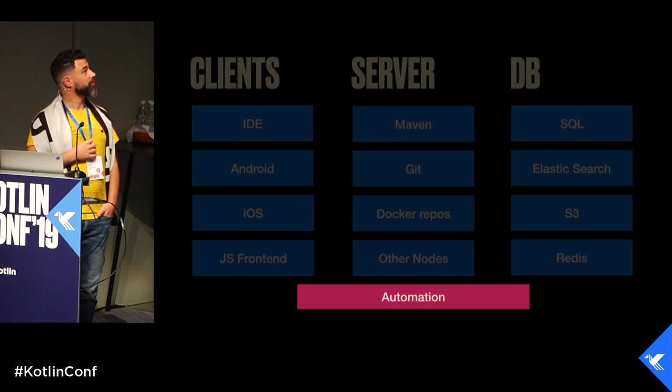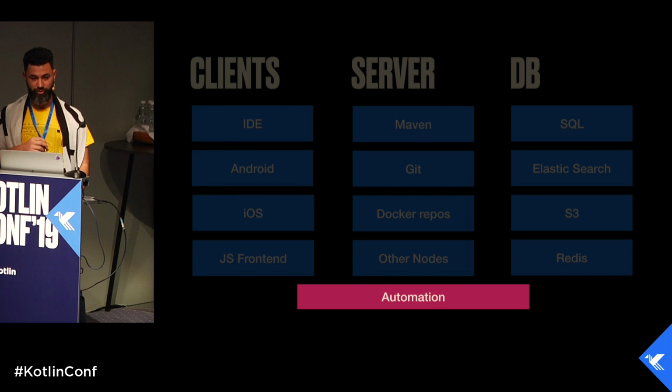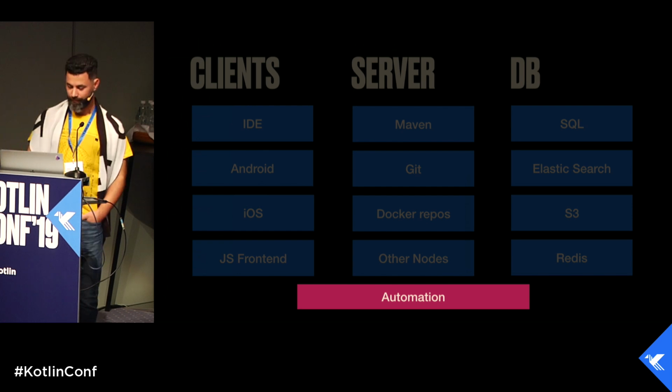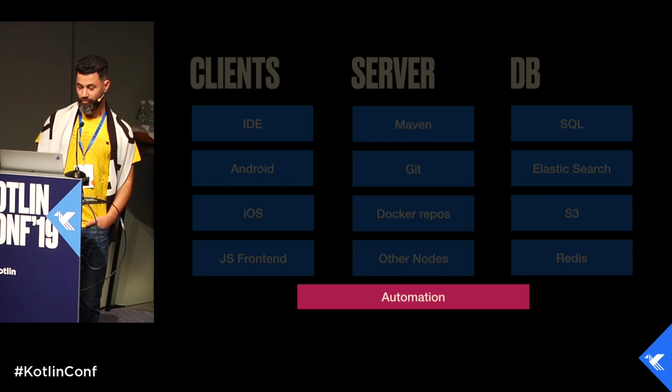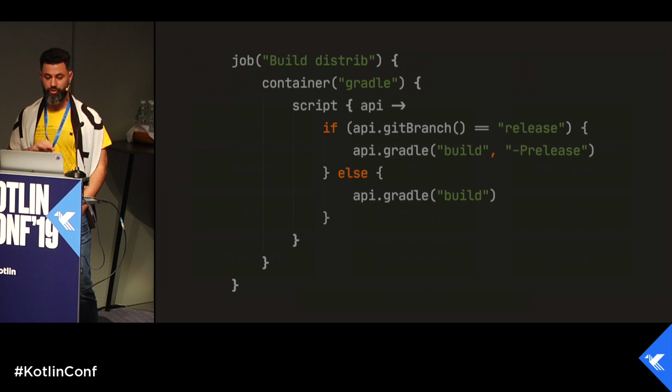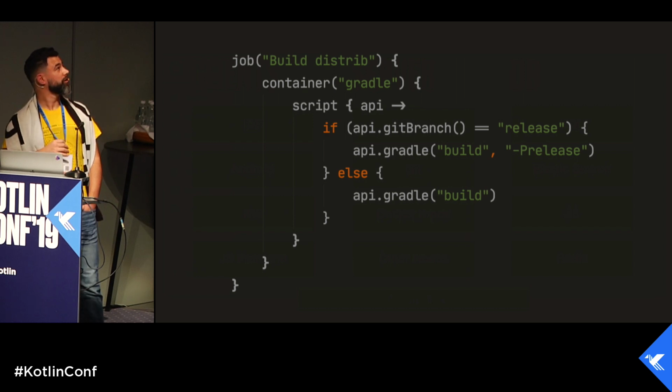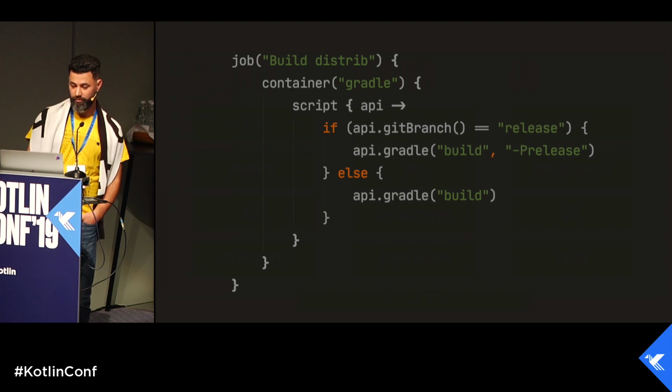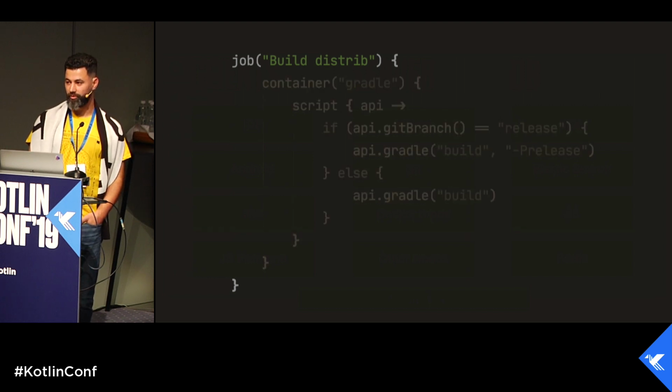We are not only using Kotlin ourselves. We force our users to use it as well. We are using Kotlin as a language for automation scripts. So this is how code for running a Gradle build may look like. You define a job. It's a unit of work for our automation.